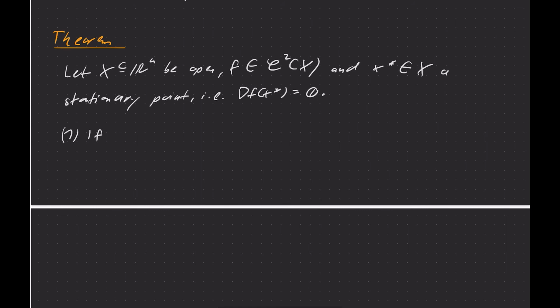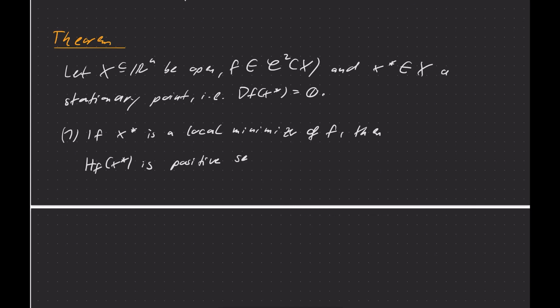If x star is a local minimizer of f, then the Hessian Hf at x star is positive semi-definite.